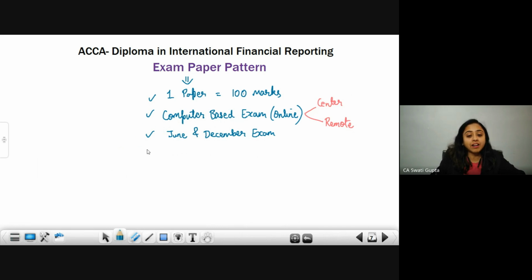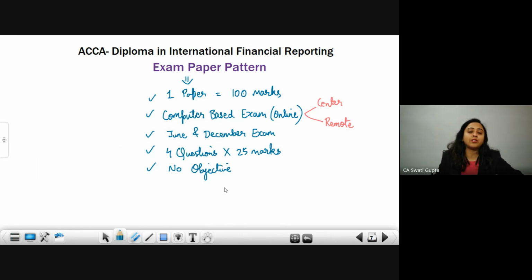Now, the entire paper is of 100 marks, and there are four big questions asked, and each question is of 25 marks. So this means there are no objective questions. There will be no MCQ or fill in the blank.